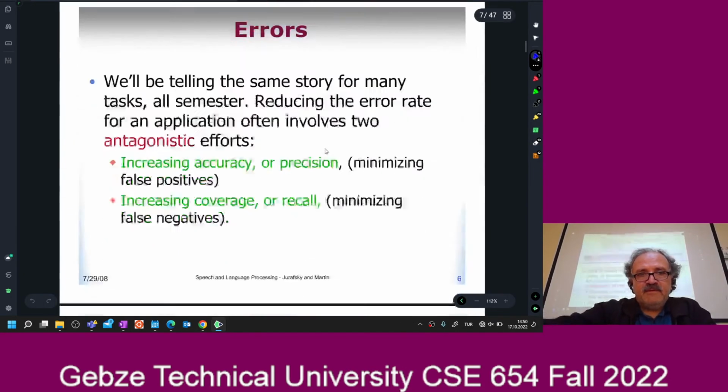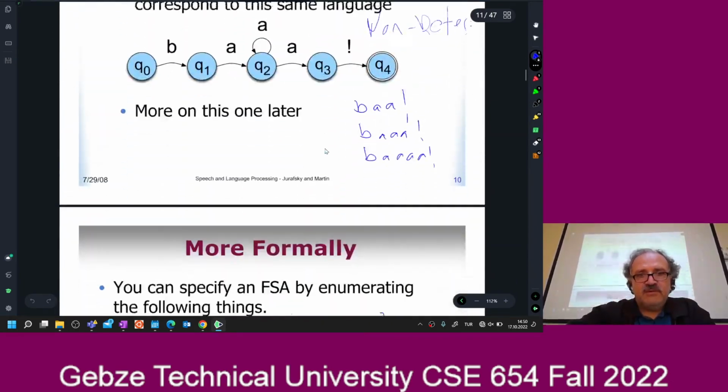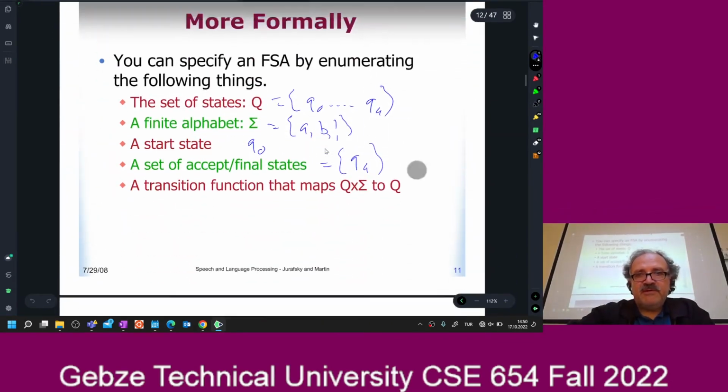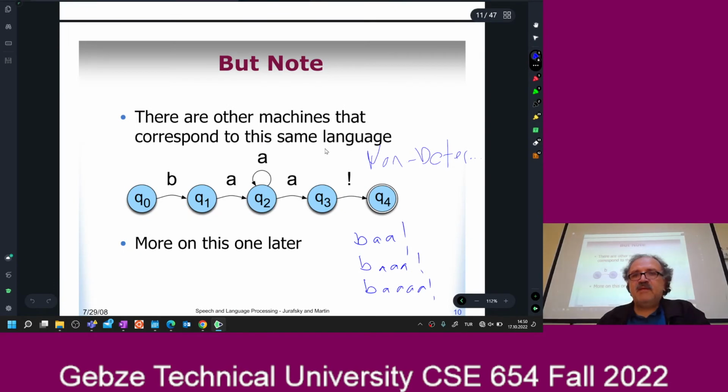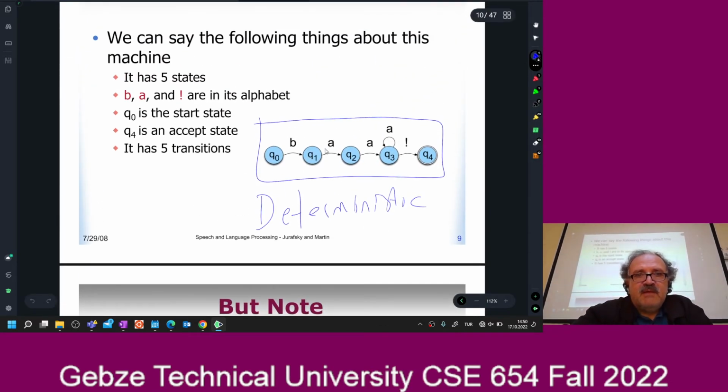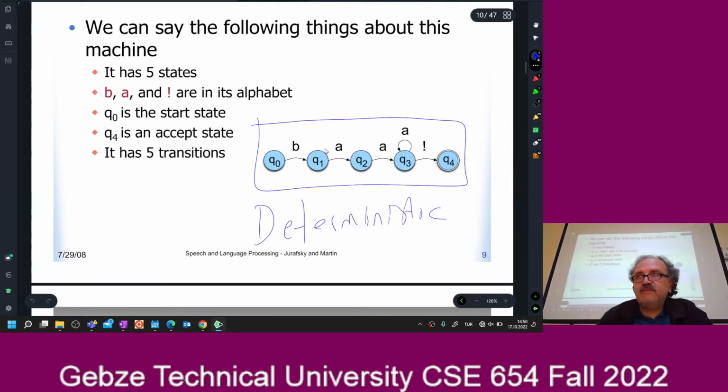Okay, so we talked about those. We talked about the sheep language. I guess we were around here. So a sheep language, this finite state automaton, has 5 states, Q0 to Q4. There is only one accept state, Q4.